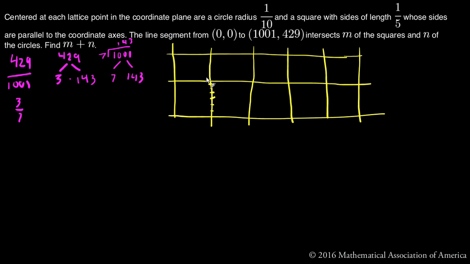What actually happens is this. We start at (0, 0). Every time I go over 1 unit, I go up 3 of these 7ths. Go over 1 more unit, go up 3 more 7ths. Go over 1 more unit, go up 3 more 7ths.